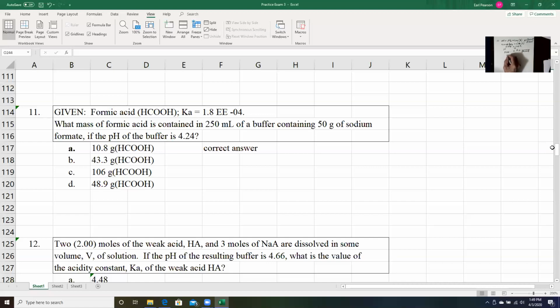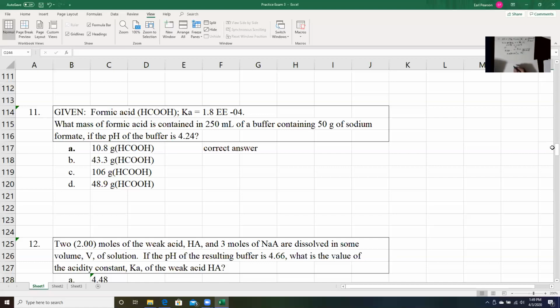So that's the sodium formate formula. Sodium formate is going to release one formate ion for each amount of that. So let's see how many moles of that stuff we have. We had 50 grams of sodium formate. Since I didn't want to give away nomenclature, I didn't tell you what the formula was, so you have to figure it out.